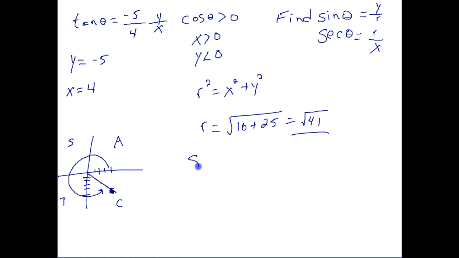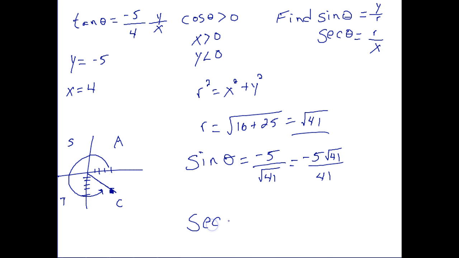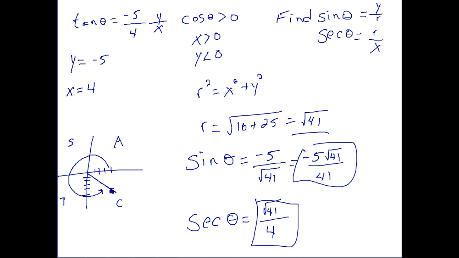So that means that sine of theta, being y over r, is going to give us negative 5 over radical 41, which rationalizes into negative 5 radical 41 over 41. And secant theta, which is r over x, that's going to be radical 41 over 4. And those are our two pieces right there.